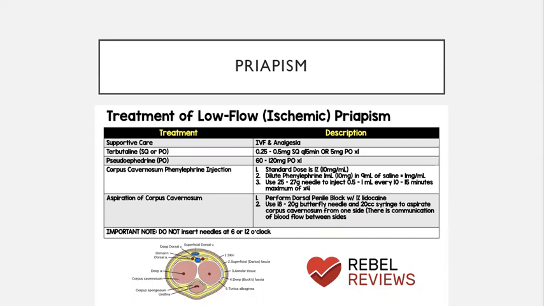Failing which, if that still does not result in detumescence, you can then proceed to a phenylephrine injection or washout. Remember, importantly, areas to avoid is 6 o'clock as well as 10 o'clock. Preferred area, 12 o'clock, apologies. Preferred areas might be at 10 o'clock or at 2 o'clock for aspiration.